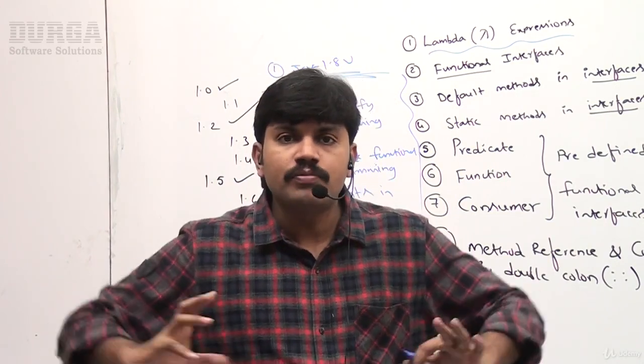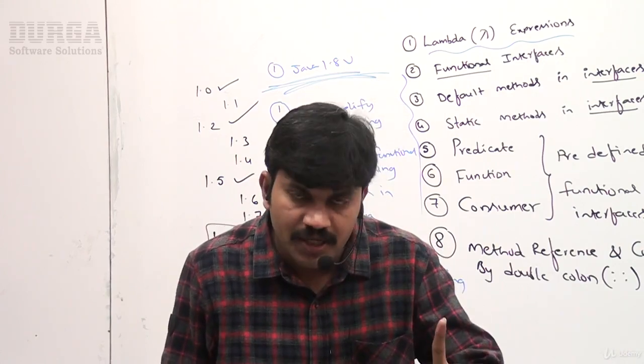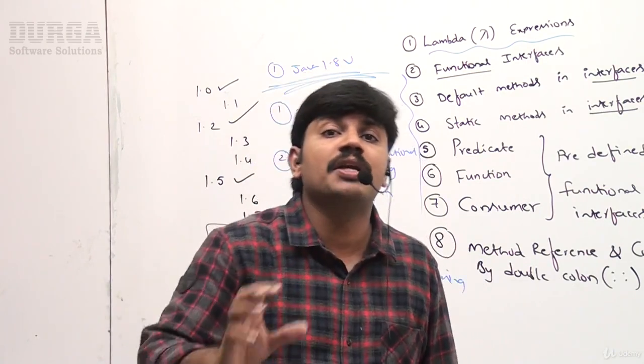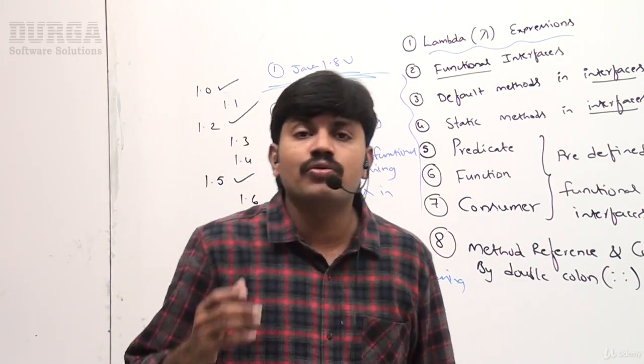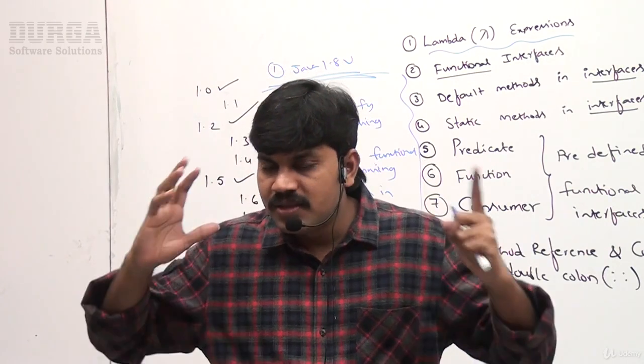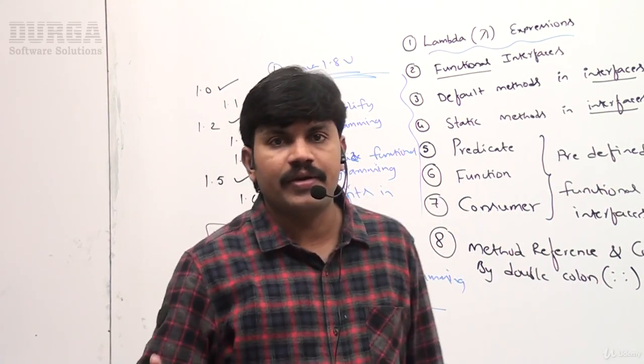What are the main objectives? To simplify programming. The second benefit is to enable functional programming in Java. The third is to enable parallel processing in Java. Because keeping these three things in mind, the Java people introduced Java 8.